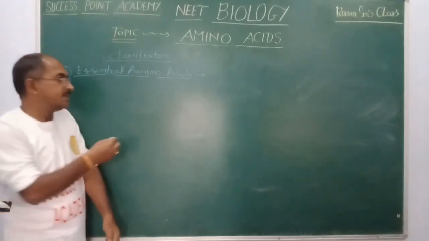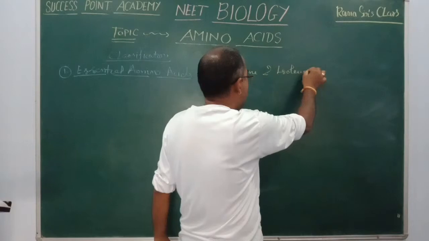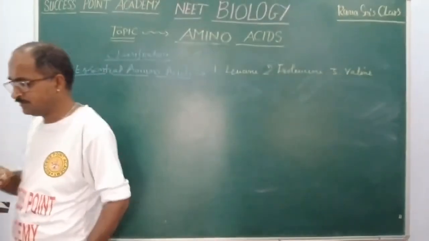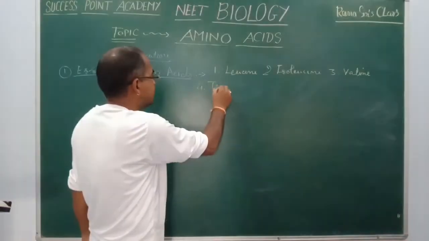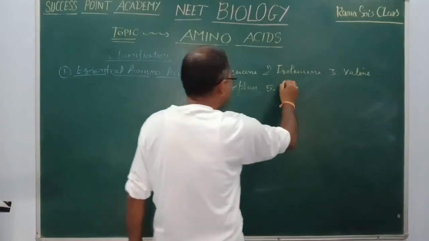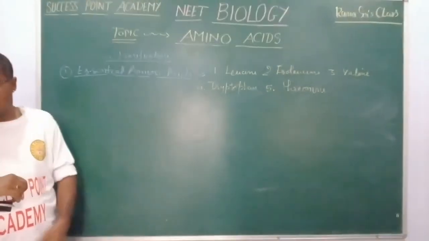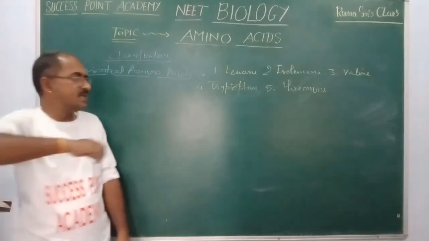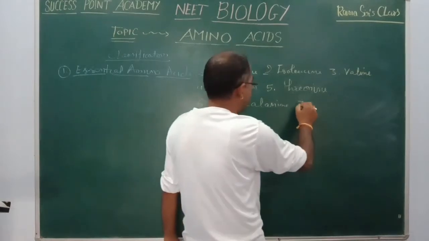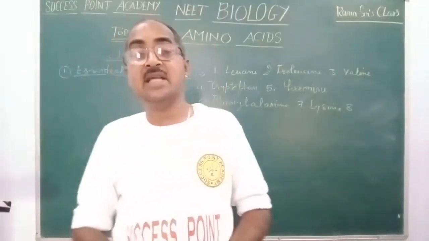And they are: number 1, leucine; number 2, isoleucine; number 3, valine; number 4, tryptophan; number 5, threonine; then phenylalanine, lysine, and the last one, because only 8 amino acids are in the essential category.